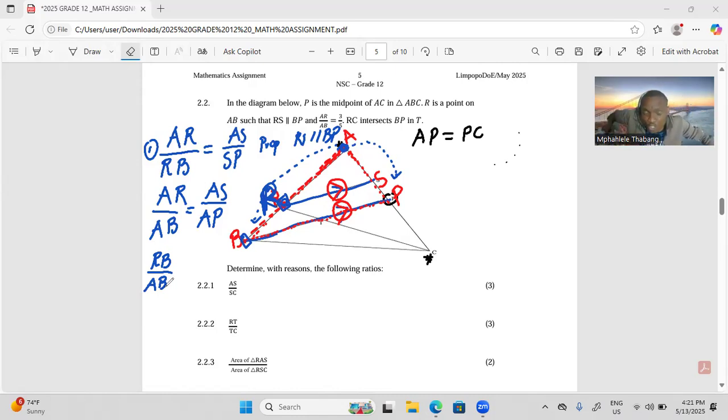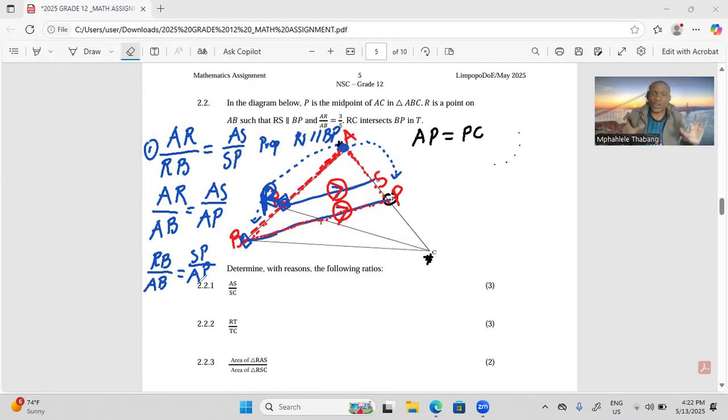Just follow the same procedure. So I started with RB, it means on the side of AP, I will start with SP. So I will say SP over AP. Just know that this prop theorem can be applied differently. How we apply it depends on the information which has been provided to us.